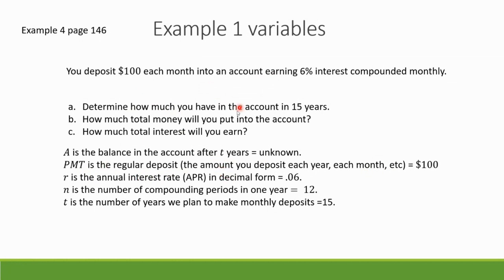The interest rate, that's what R is, but you have to express it as a decimal, so 0.06. N is how many times we're compounding it in a year. It's being compounded monthly, so we get 12, 12 months a year. And how many years is it in there? 15 years.